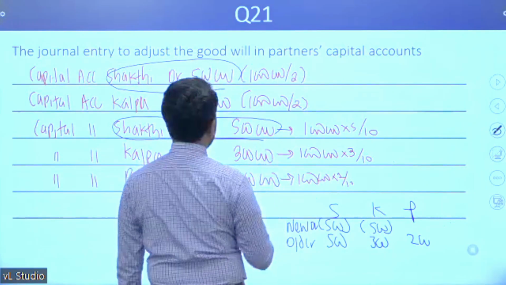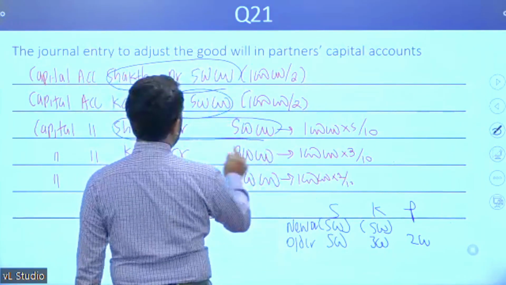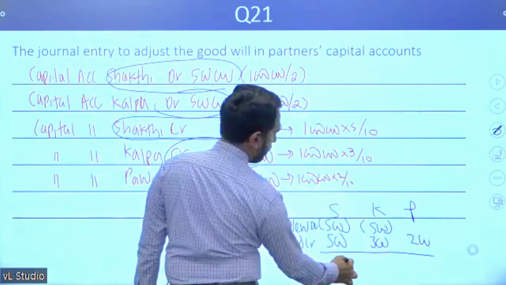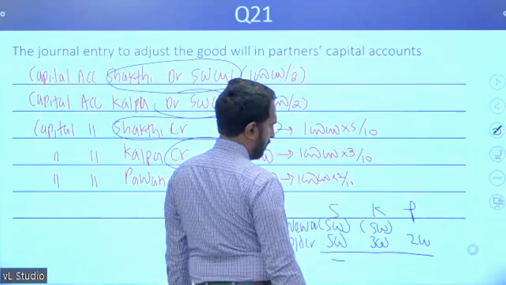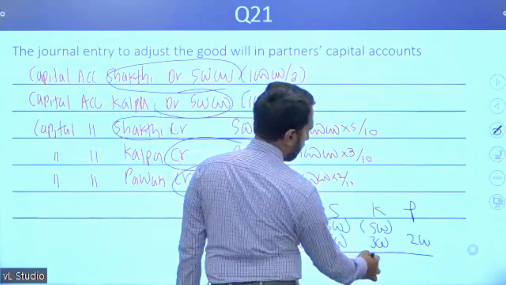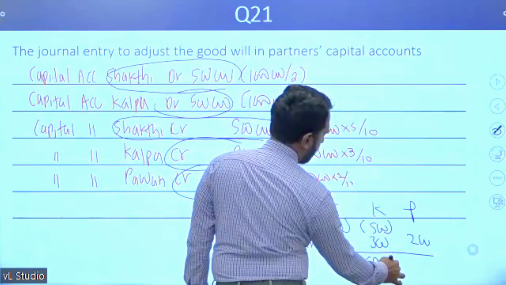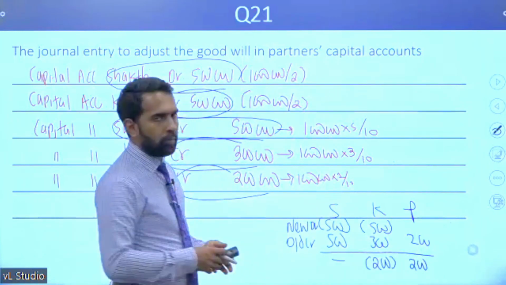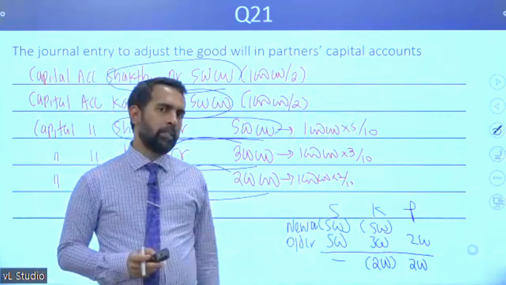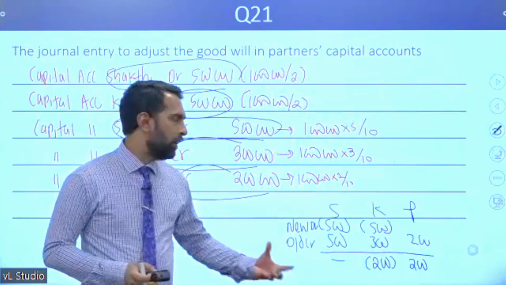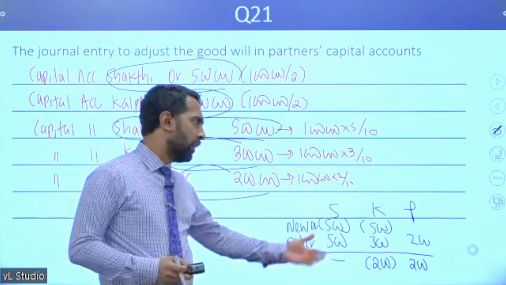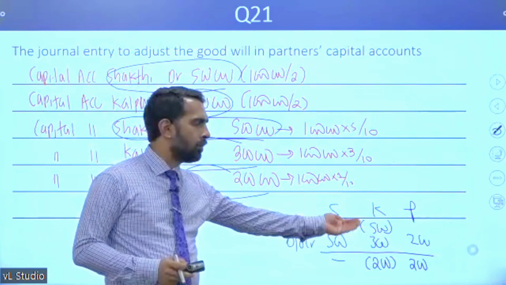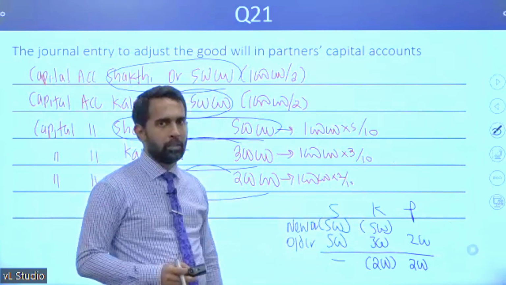So 500 debited, 300 credited, 200 credited. The net result is that for Shakti nothing happens. But Kalpa is debiting 200 from his capital and that is being given to Pavan. When Pavan leaves the business, the benefit is enjoyed by Kalpa. That is why Pavan's goodwill share is compensated by Kalpa through the capital account.